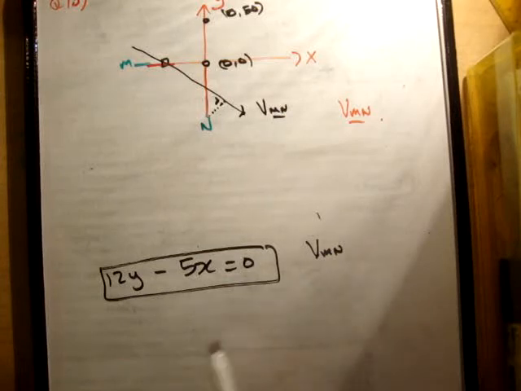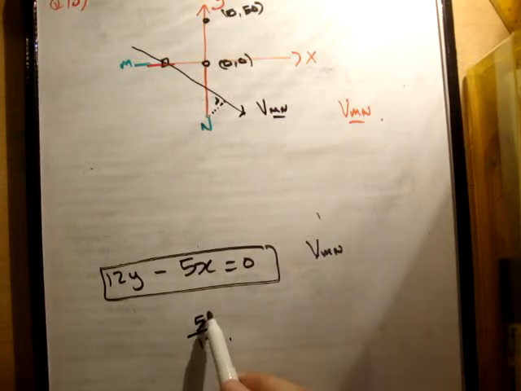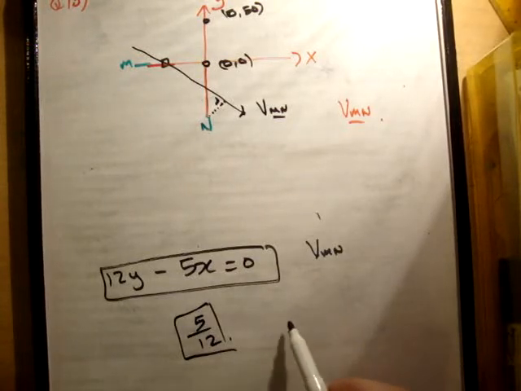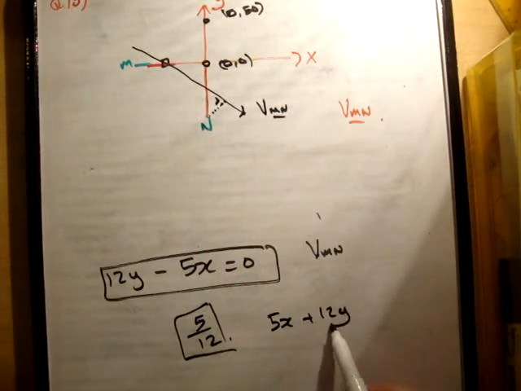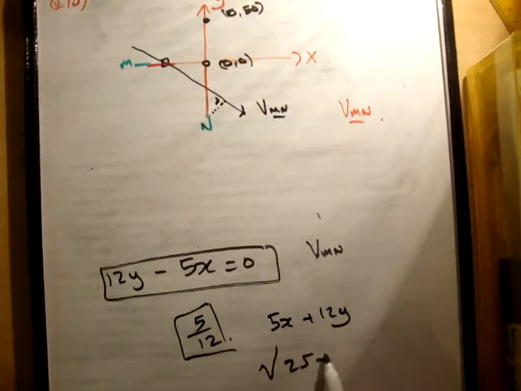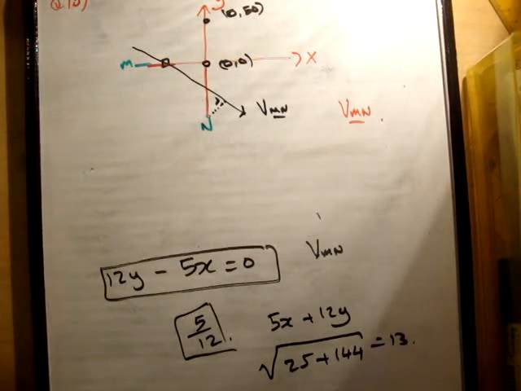So if we want to get the magnitude of this vector, it's 5x plus 12y. To get the magnitude, it's just going to be the square root of 25 plus 144, which is equal to 13.